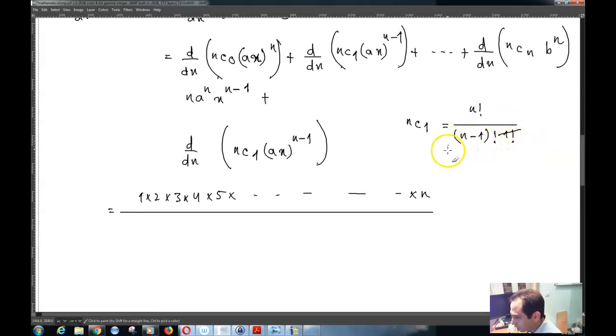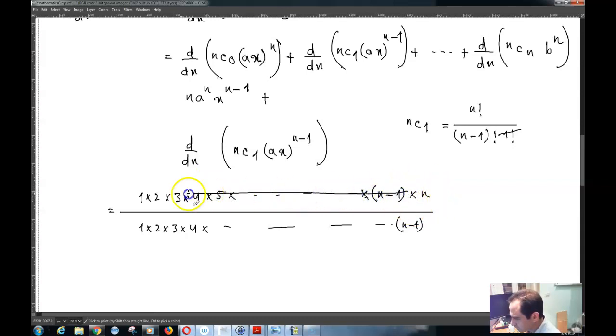Now n minus 1 factorial is basically 1 times 2 times 3 times 4 times all the way up to n minus 1. Okay, and since you see that you have 5 over here and 4 before that, meaning that if you take this as n, this would be n minus 1. So n minus 1 must be before n. So you can write this as 1 times 2 times 3 times 4 times 5 times n minus 1 times n.